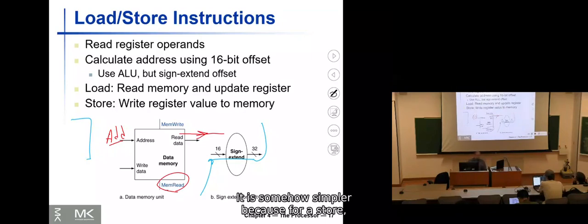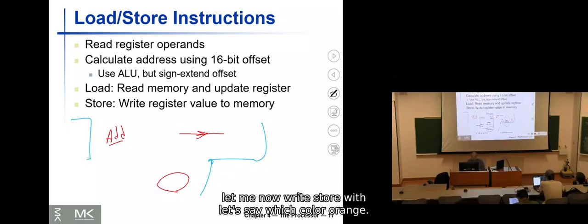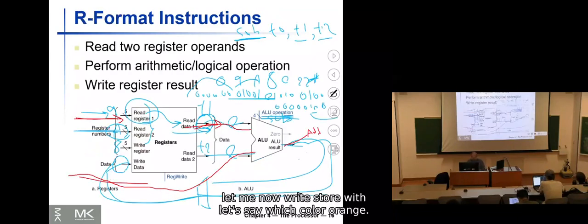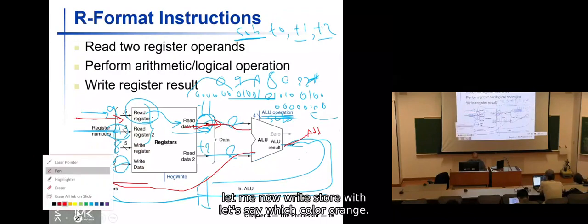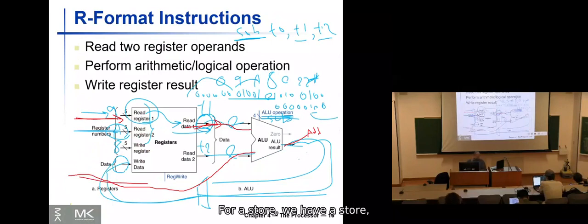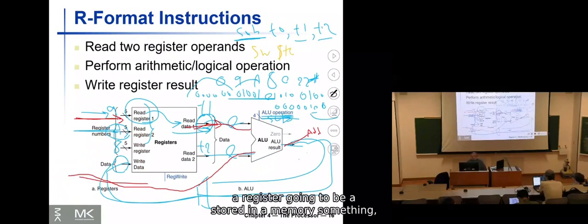For a store, it is somehow simpler, because for a store, let me now write the store with, let's say, which color? Orange. For a store, we have a register going to be stored in a memory, something, T1, for example.